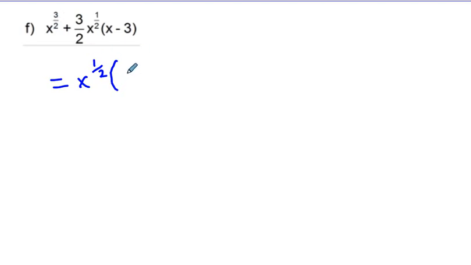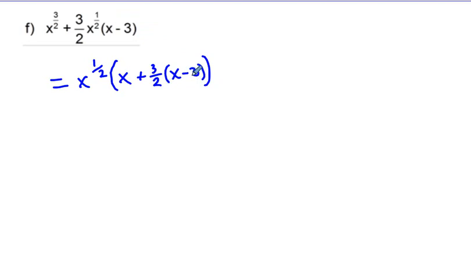Well, it's going to be x, because 1/2 plus 1 equals 3/2. And then if we take this out of here, we're going to have plus 3/2, and we're going to have this x minus 3 left over.